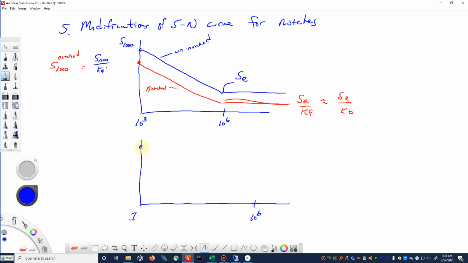Now at 1 cycle, we're at such a low cycle fatigue that we're really very close to the true fracture stress of the material. And whether you have a notch or you don't, if you're at the true fracture stress of the material, it's only going to last about 1 cycle.